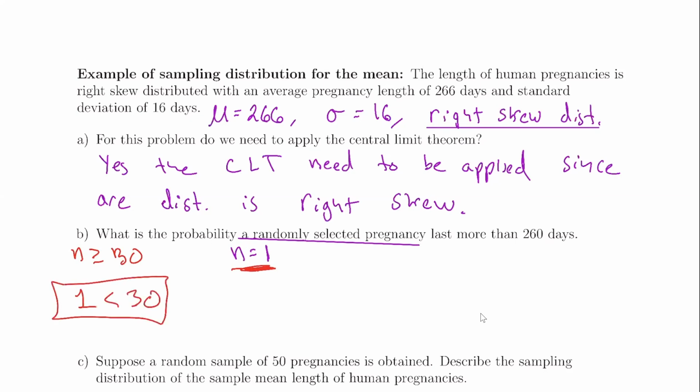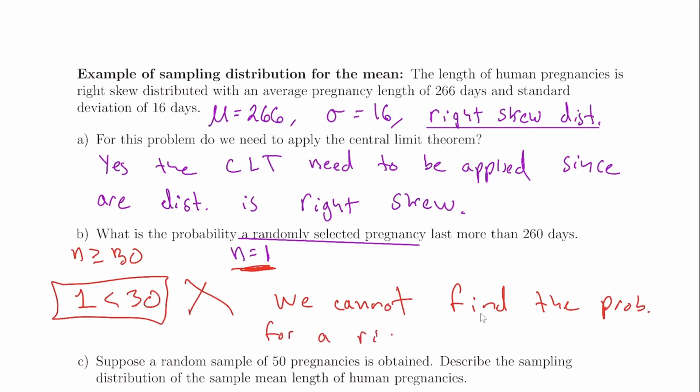So it didn't pass the condition. That's why for part B, you would put, we cannot find the probability for a right skew distribution. And that'll be it for part B.